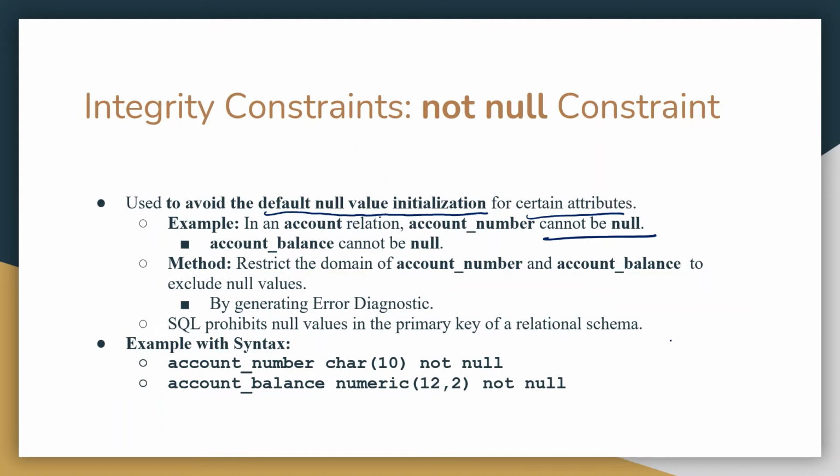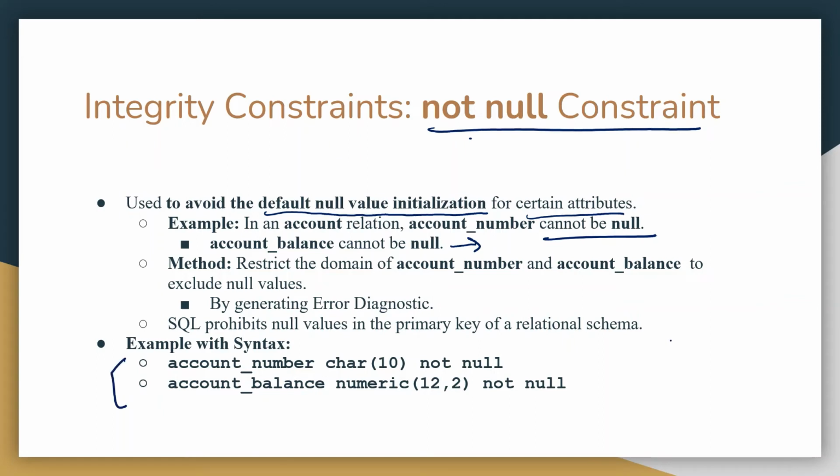Similarly, account balance cannot be null. In order to avoid such scenarios of initializing attributes with null, we use the not null constraint. We simply define the attributes in the relation itself with the not null constraint.